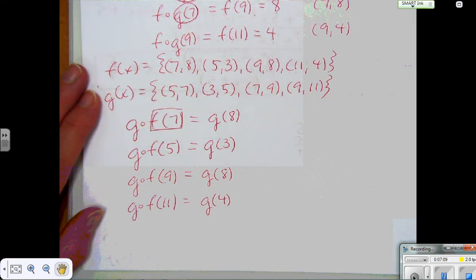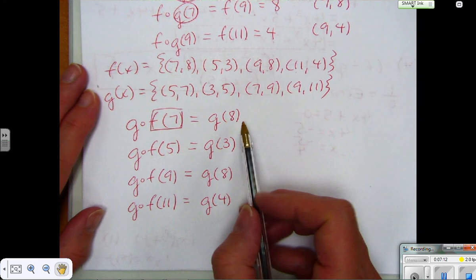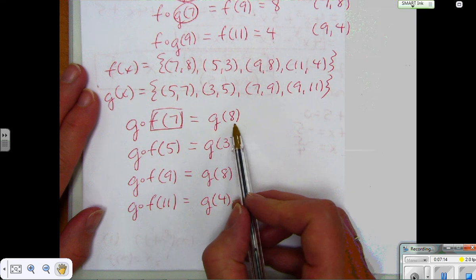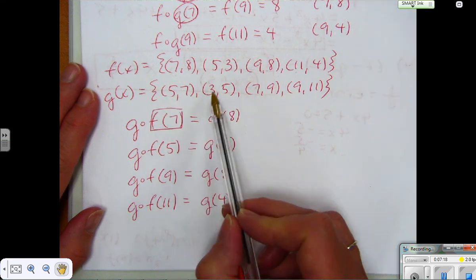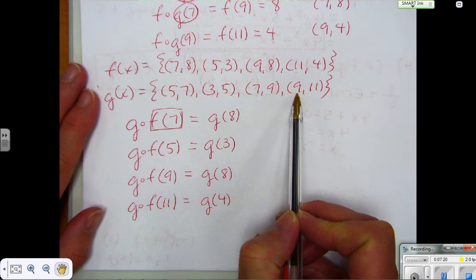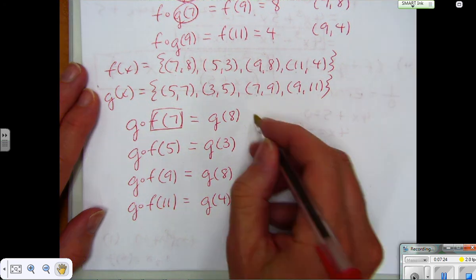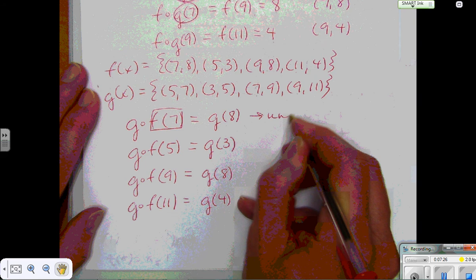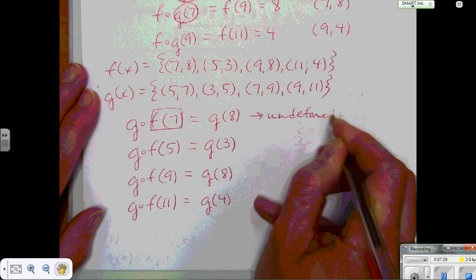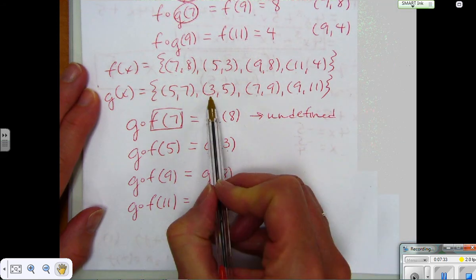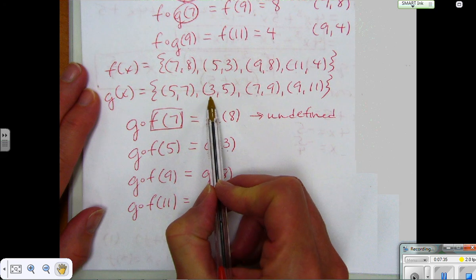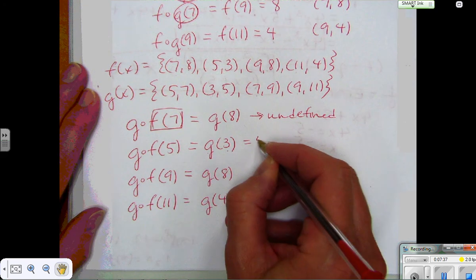Okay, so now let's go back and find the new g value. So g of 8, well, you can look in your g function, there's no x that's equal to 8. So you can't work this one, so you're just going to write undefined. The next one is g of 3. Well, this is where x is 3 in the g function. The answer is 5, so that point is going to be 5, 5.